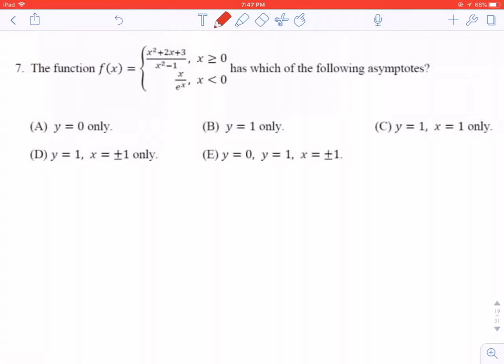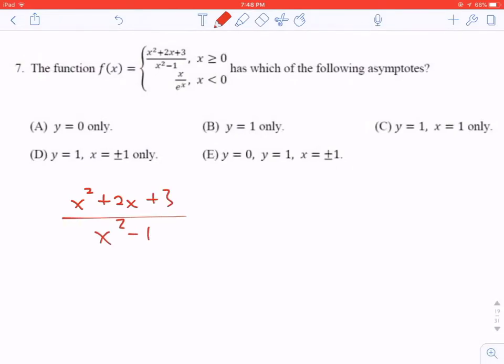Number 7, we have this function. It's a piecewise function. We're supposed to find the asymptotes for it. Let's focus on the top function first. This would be pretty simple for us. x squared plus 2x plus 3 over x squared minus 1.